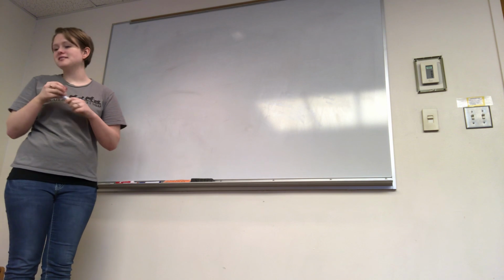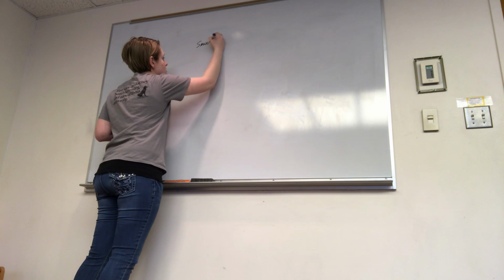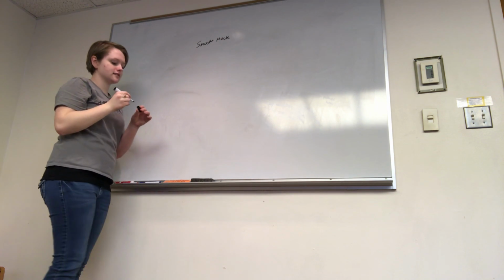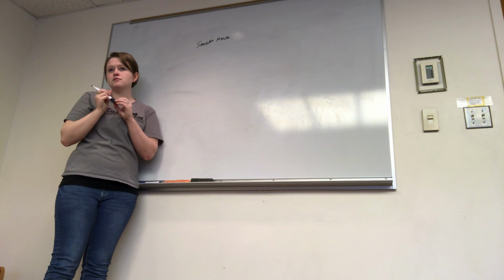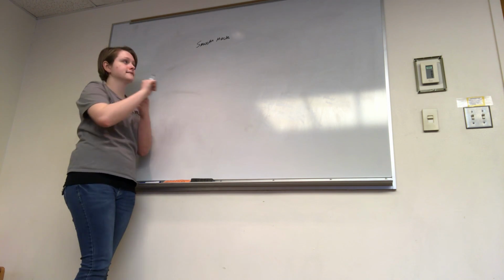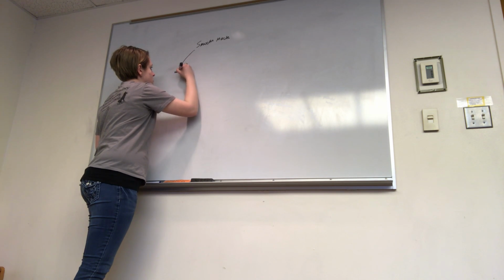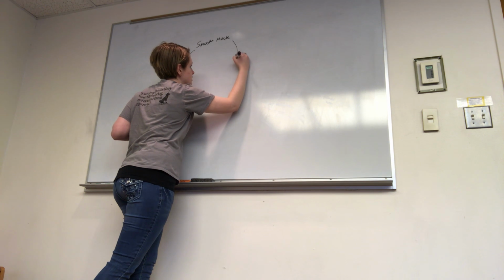Okay, chapter 2 is about smooth muscle. There are two classifications of smooth muscle. It has to do with their innervation: multi-unit and single unit. So what is multi-unit and what is single unit?